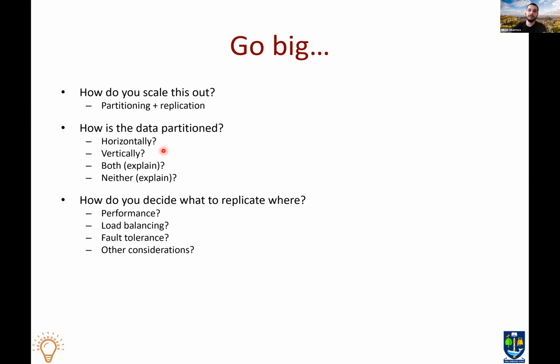Okay, I need to take into account probably performance, because I want to replicate it in a way that makes replication fast, but also makes queries fast, as in queries can easily find what they're looking for. Do I need to take load balancing into account? Probably, right? If I don't, I might end up with a situation where a small number of machines in my cluster end up storing a lot of these partitions.